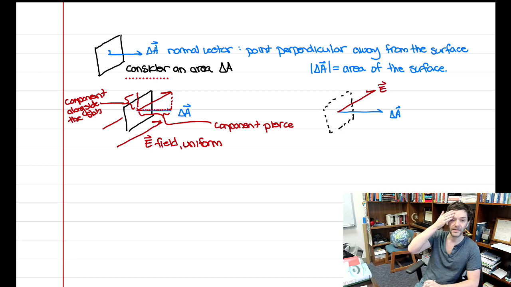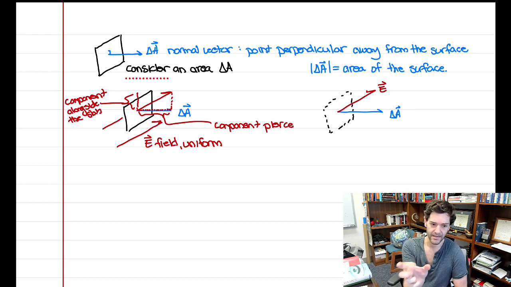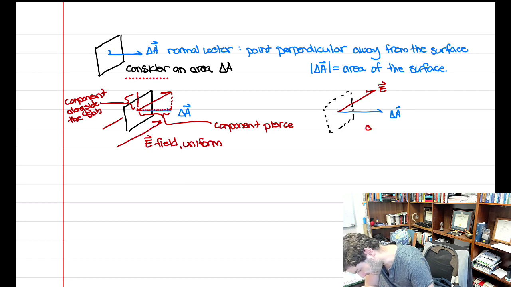And I only cared about the component of the electric field that was parallel to that delta A. I only really cared about only the E part parallel to A goes through.